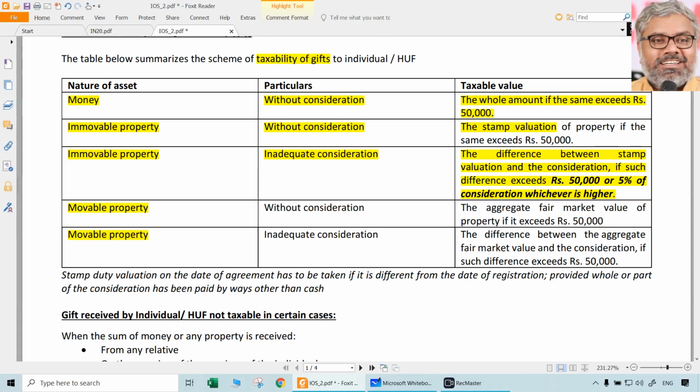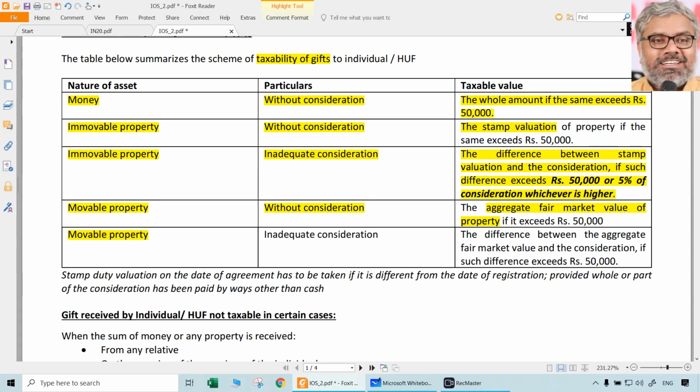But for movable property, there will not be stamp valuation. So what should we do? Naturally, instead of taking stamp valuation, we will take the fair market value. The logic is still the same. If movable property is transferred from one person to another, and the recipient did not pay anything because he received it without consideration, then the aggregate fair market value of that property will become taxable, of course if it exceeds 50,000 rupees.